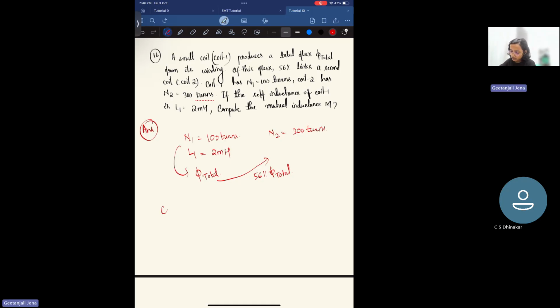So for coil 1, the total flux times N1 is L1 I1.